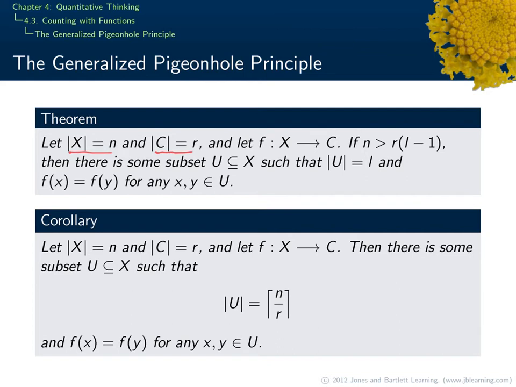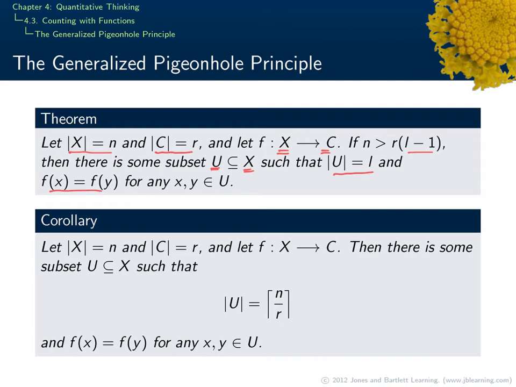And as in the pigeonhole principle, we have a function from X to C. So what this says is that if n is not just bigger than r, but bigger than some multiple of r, that is, suppose n is bigger than r times L minus 1, then there's a subset U of X, such that U is of size L, and f of x equals f of y for all x and y in U.